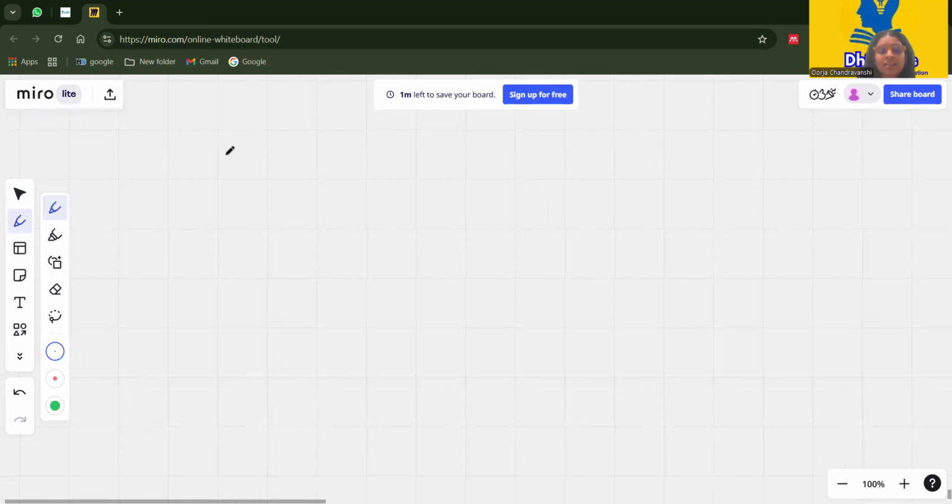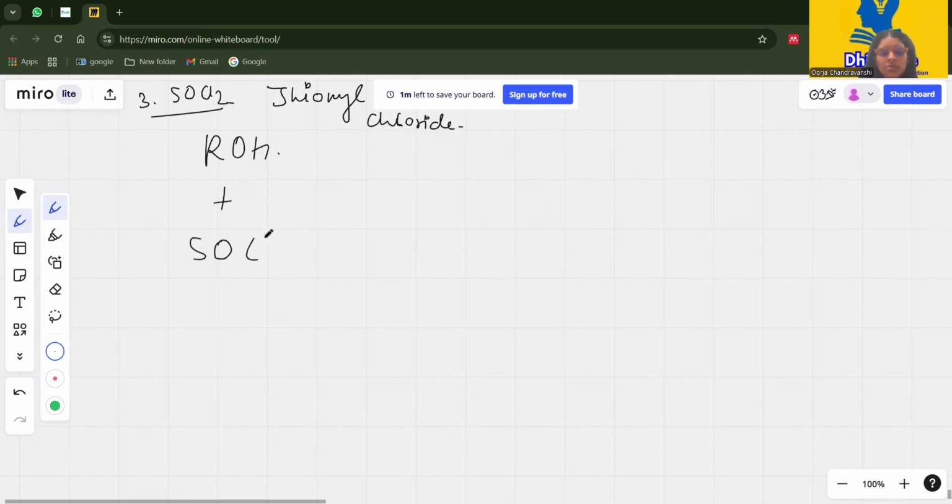SOCl2 is highly used for preparation of alkyl chlorides. This is also called thionyl chloride. Now, why do we use this? As I was saying, alcohol with SOCl2 gives me RCl plus SO2 and HCl.